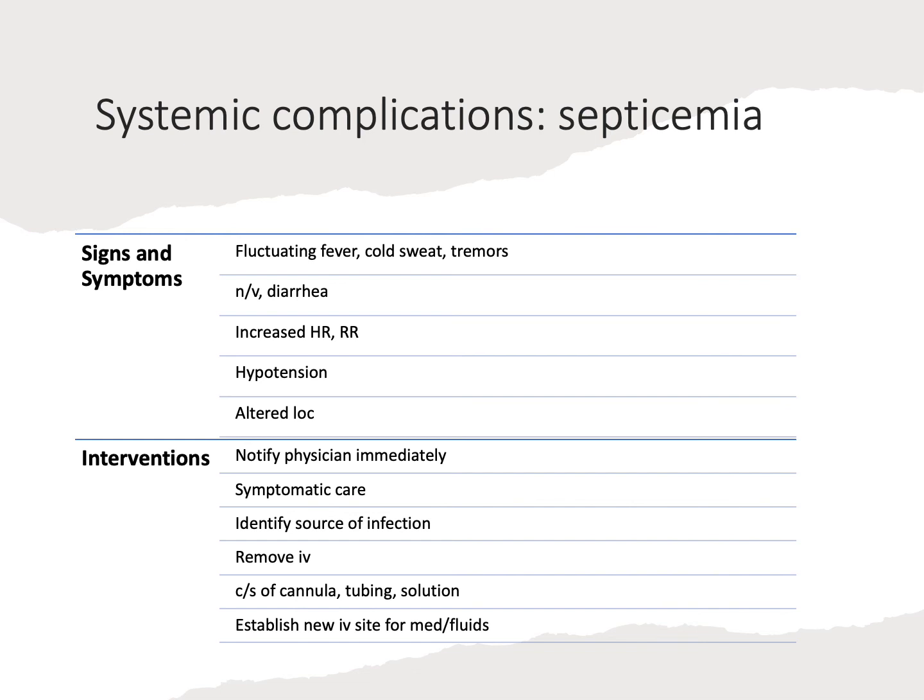And so you might want to hold on to the IV that you remove and the tubing and solution for some cultures. Establish a new IV site because they're going to need medications and fluids for a sepsis for sure. This is a bit of a critical situation, so you're probably going to need to be consulting and working with other healthcare providers. They're probably going to need blood work as well.